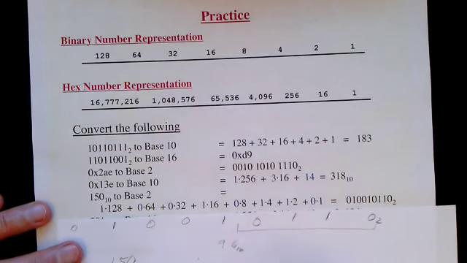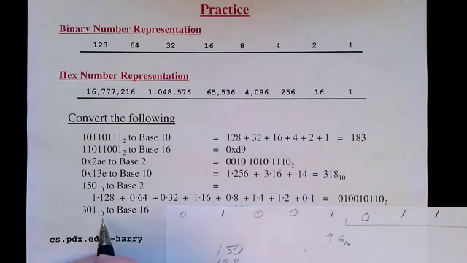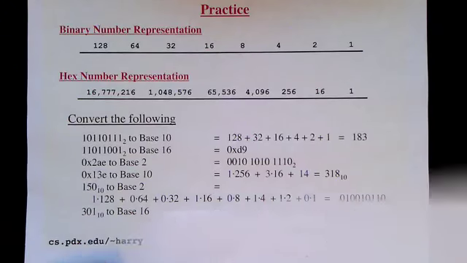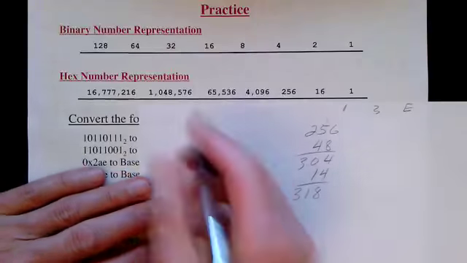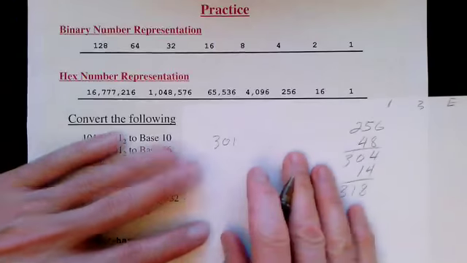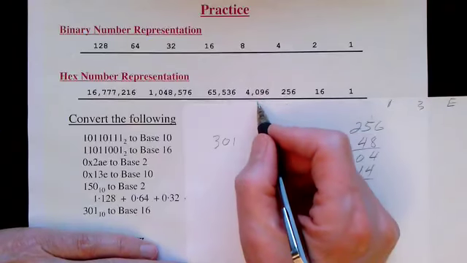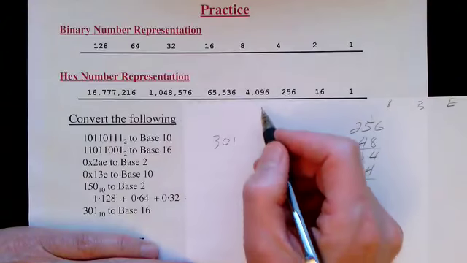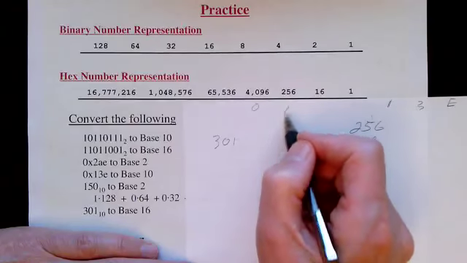Okay. Our last task is to convert 301 to base 16. So we're going to do that the same way. 301. So is it greater than 4096 or any of these other numbers? No, so those are zeros. But 301 is greater than 256.